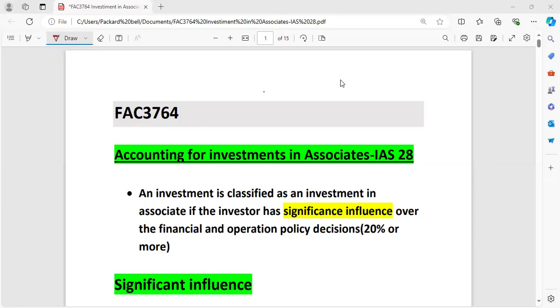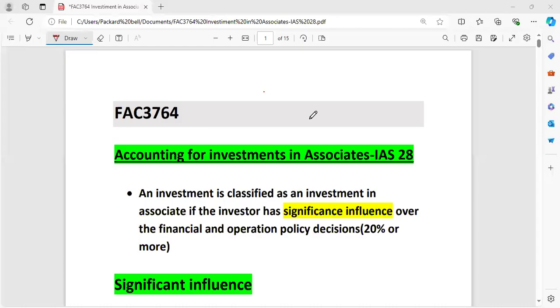Right. When we look at investment in associate, we are looking at a situation where the investor does not control the associate. They only have significant influence, which means they don't control, but they can have influence over the decisions that the associate takes.